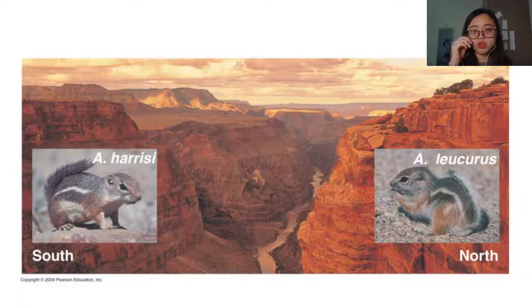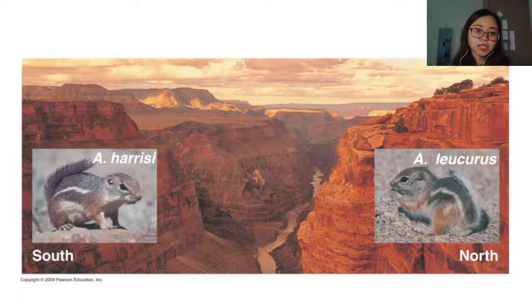We have a real-life example of this that we like to use. These are two species of squirrels that you can find at the Grand Canyon. The river used to be not this deep many millions of years ago, if not thousands of years ago. The animals from the left and the right side of the river could cross to each other. But this population of squirrels became separated, and over time the river caused erosion and formed this huge canyon.